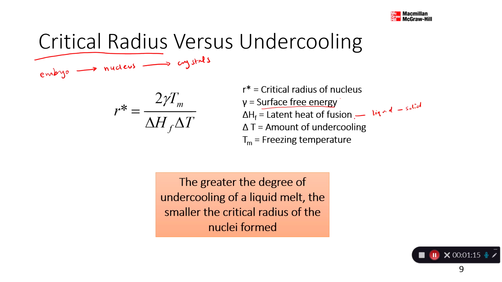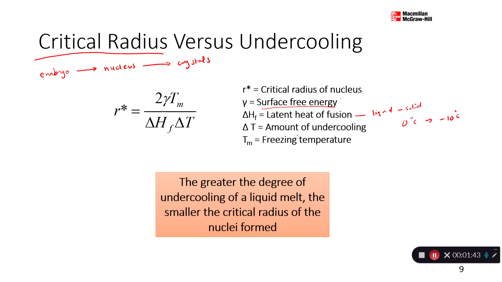You will learn more about this in another subject, thermodynamics. Delta T is the amount of undercooling. Remember the example I gave from 0 degrees to minus 10 degrees: how many degrees the metal is undercooled below its freezing temperature. And T_m is the freezing temperature.